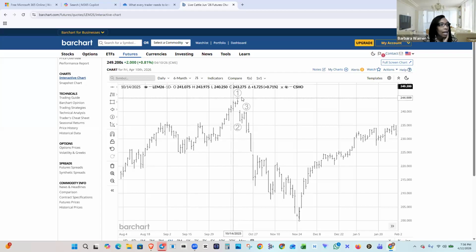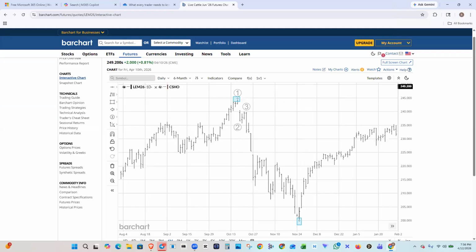It has a little half moon symbol right here. It's always on the highest price and it's always on the lowest.